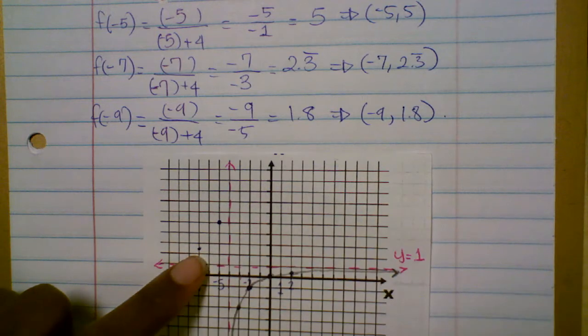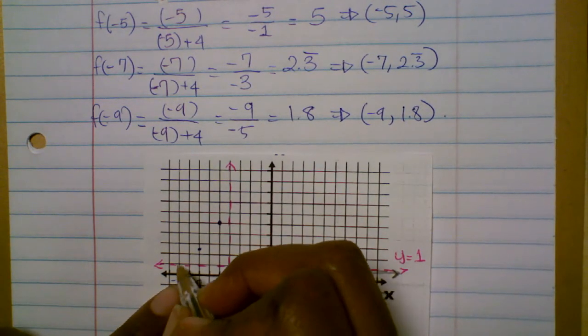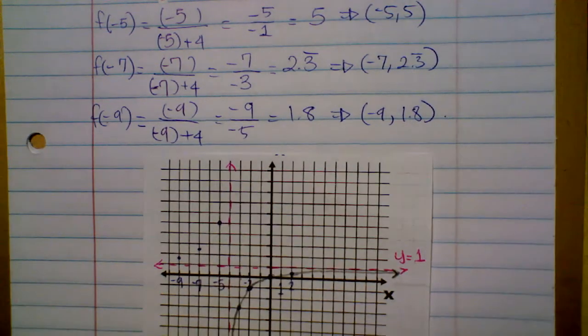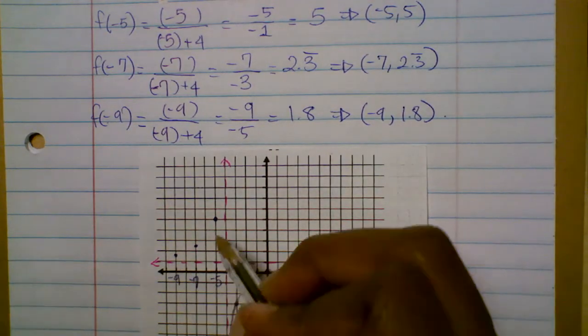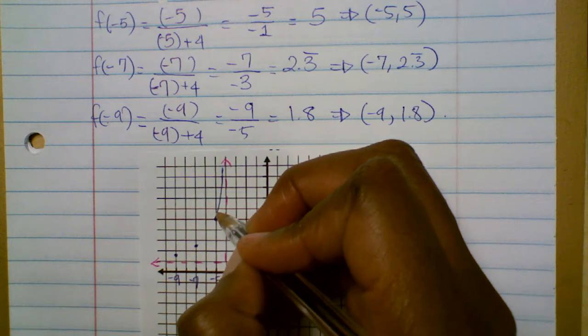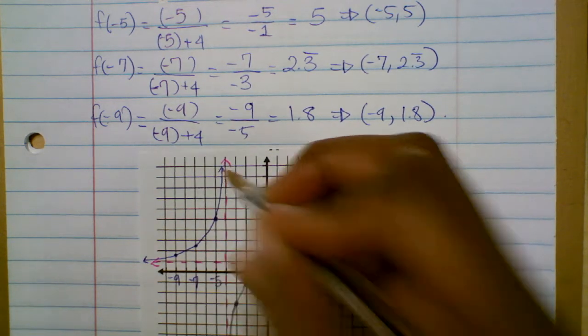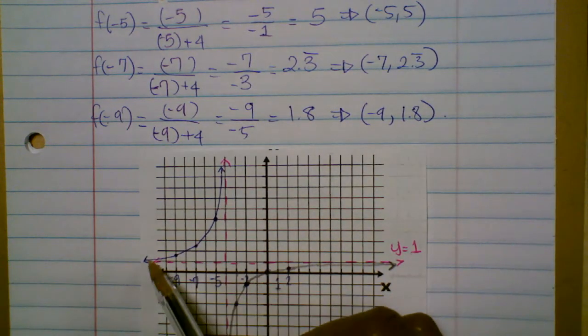And then -9 is going to be 1.8, a tiny bit over 1.5 right here. So I know that the rational function is going to approach the asymptote without ever crossing it, like that. And make sure you connect and include the arrows at the end.